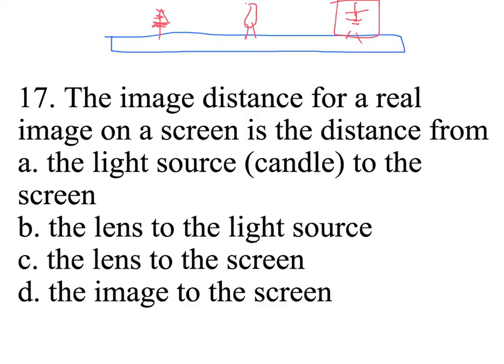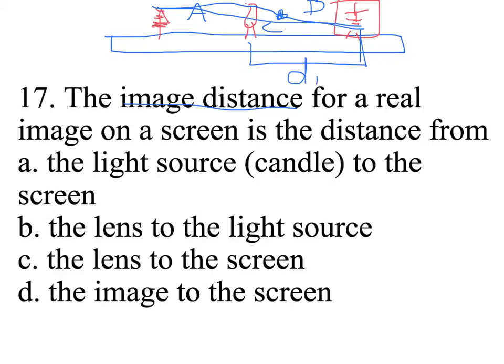And the question will label a bunch of things like A, and there'll be a focal point, maybe there'll be some rays going through here like this, and there'll be a focal point, so we'll have like an A and a B and a C and everything like that. The question is asking about the image distance. So the image distance is the distance from the lens to the image. That's DI. Okay? The distance from the object to the lens, that's DO.